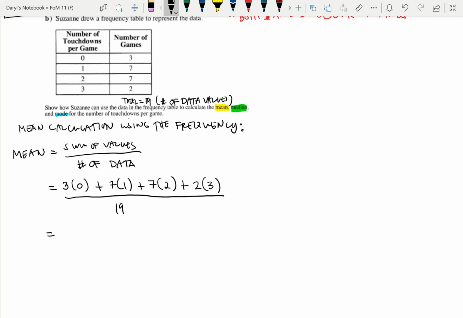So this gives me 27 divided by 19. So mean is equal to 1.4 touchdowns per game. Okay.